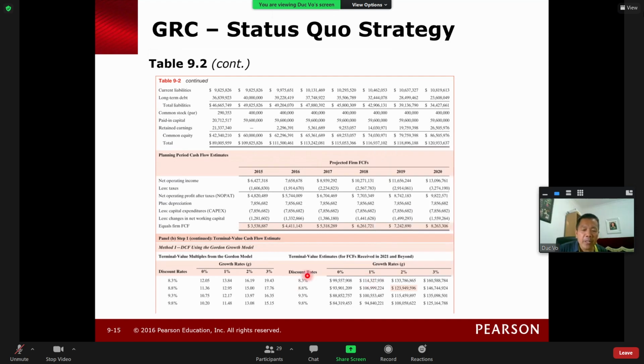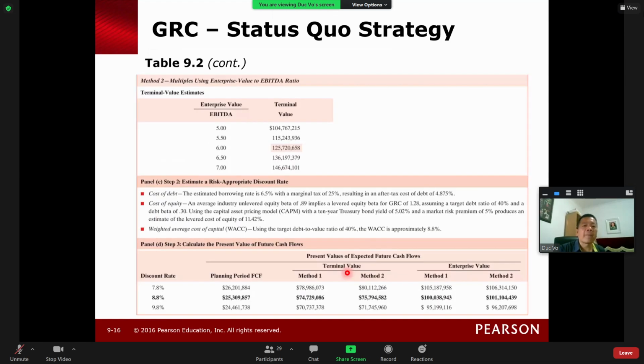But if you use the discount rate of 9.8% and the growth rate of 3%, you see that the terminal value is now different. You do something like that to demonstrate that valuation is not rocket science. We need to do more than what we are asked, in order to make sure that when you come to present your valuation, you have hundreds of different figures to defend which one is the best for the seller or for the buyer, right?